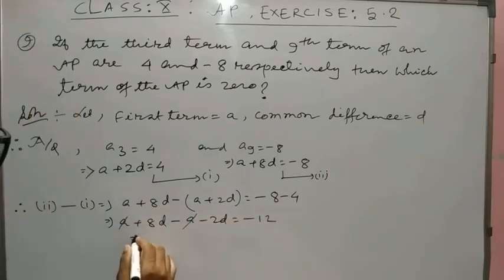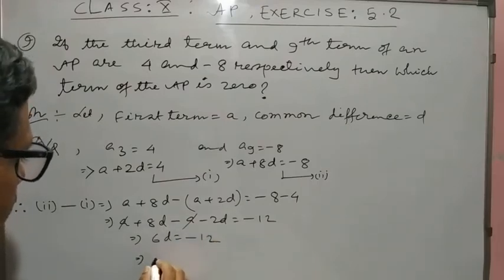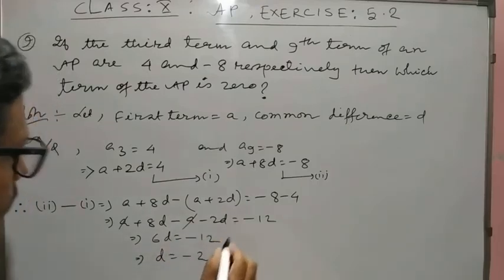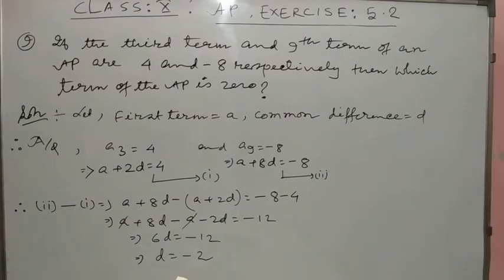A cancels. So it will be 6D equals minus 12, and this implies that D equals minus 2. Now we put the value of D in one number or two number to get the value of A, and then we will find which term of the AP is 0.